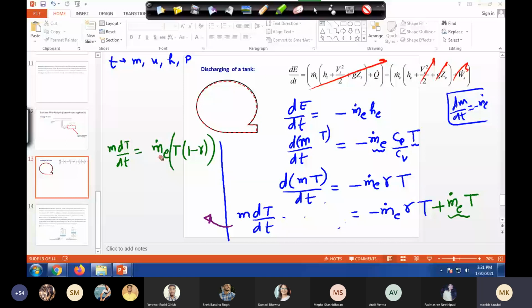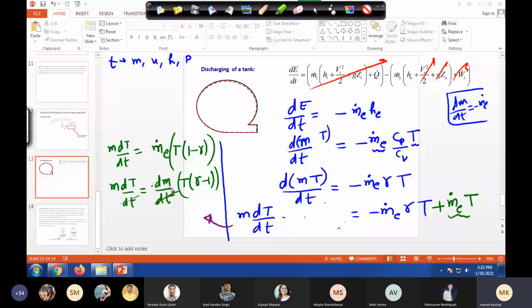Then m dT by dt is equal to, this is nothing but dm by dt with a minus sign, right? With a minus sign, so again one minus will come. This minus can be absorbed inside, and then it will be T, gamma minus 1. Is it fine, Bhavna, Sneh, up to this point? No mistake? Great. Then dt and dt get cancelled. Now we'll integrate it.